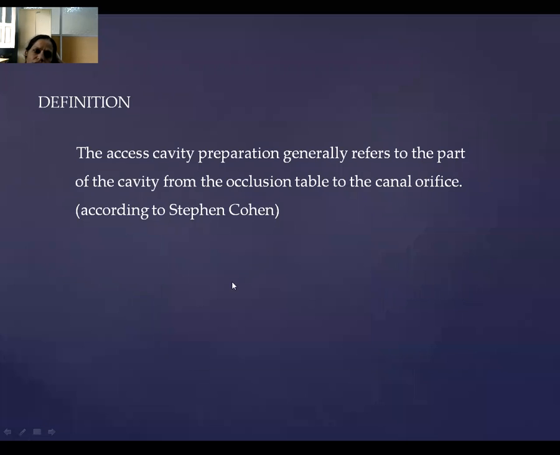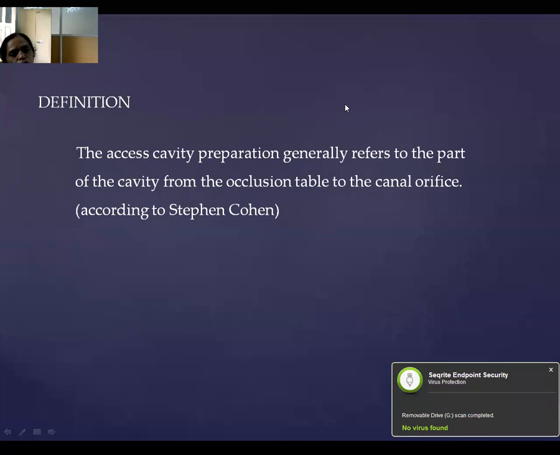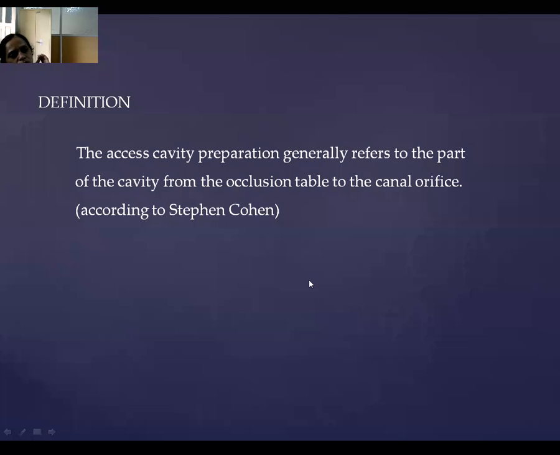So here is the definition which is given by Stephen Cohen. I will suggest you go through the Grossman definition. Access cavity preparation by Grossman is a cavity preparation in the coronal part of the tooth to get access to the canal orifices and to get a straight line access to the apical foramina.